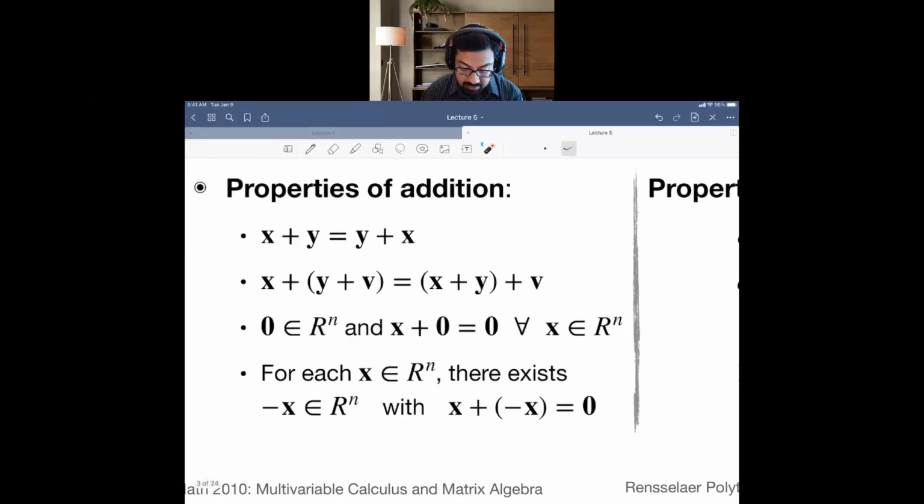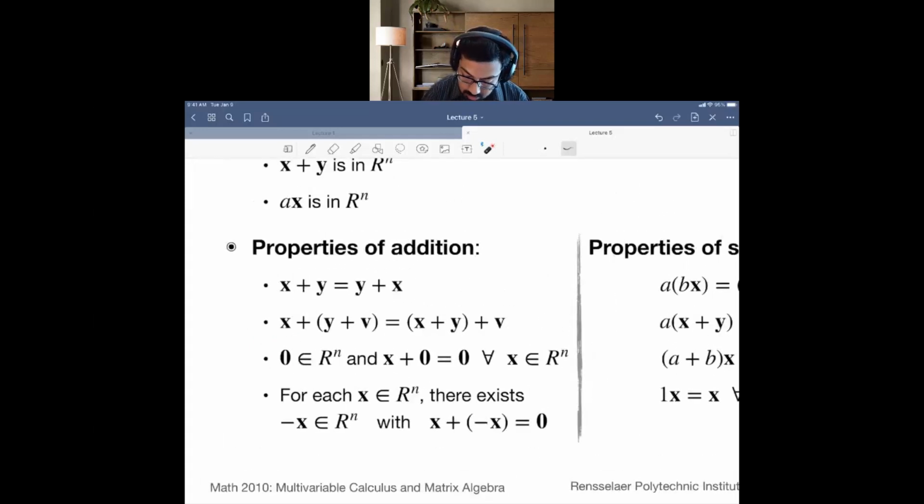Next, if there is a vector 0, what is 0 here? 0 over here is a column vector of n zeros, right? So 0 belongs to R to the n, and the size over here is going to be n rows and one column. And if you have a vector x that belongs to R to the n, and if you add all of these n zeros to it, okay, so this is a typo here.